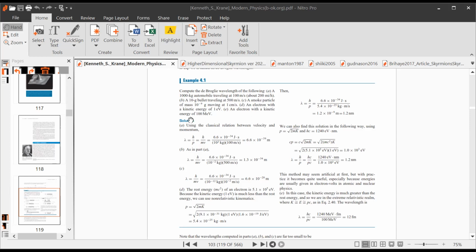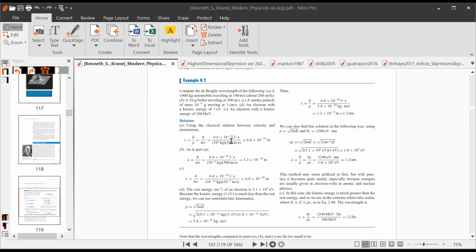So you see that for the first case A, the de Broglie wavelength is around 10 to the minus 39. This is less than 10 to the minus 34. It means that we cannot use quantum mechanics at the macroscopic scale, because the de Broglie wavelength is less than 10 to the minus 34.